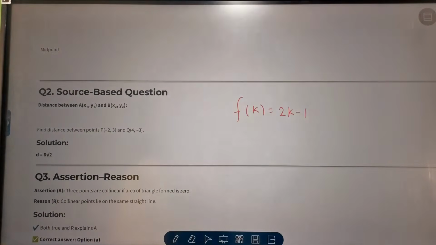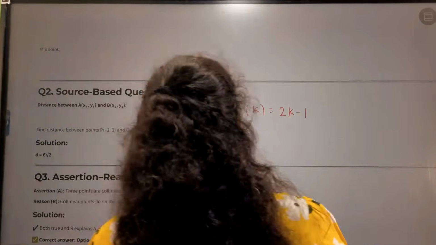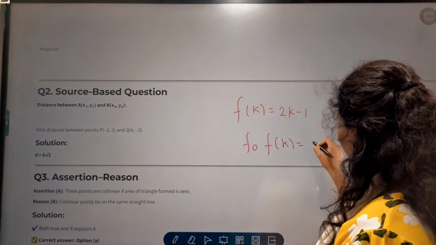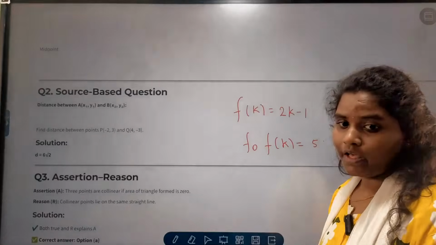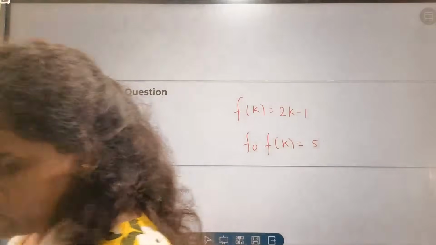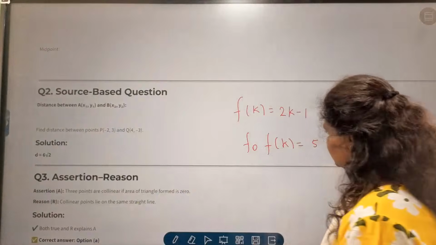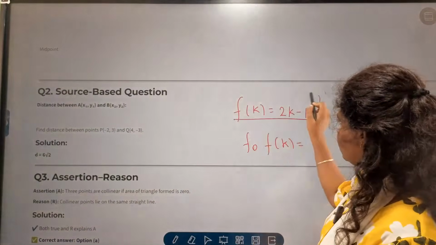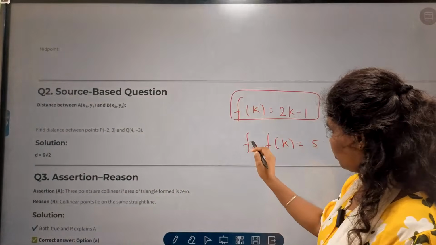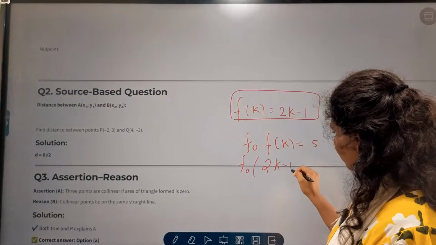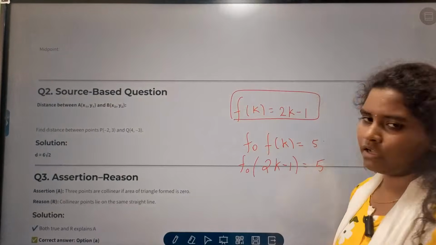Then f composition f of k is equal to 5. Listen, we have to find the k value, right? See, first f of k is given as 2k minus 1. So here, as it is f composition, 2k minus 1 is equal to 5, right?